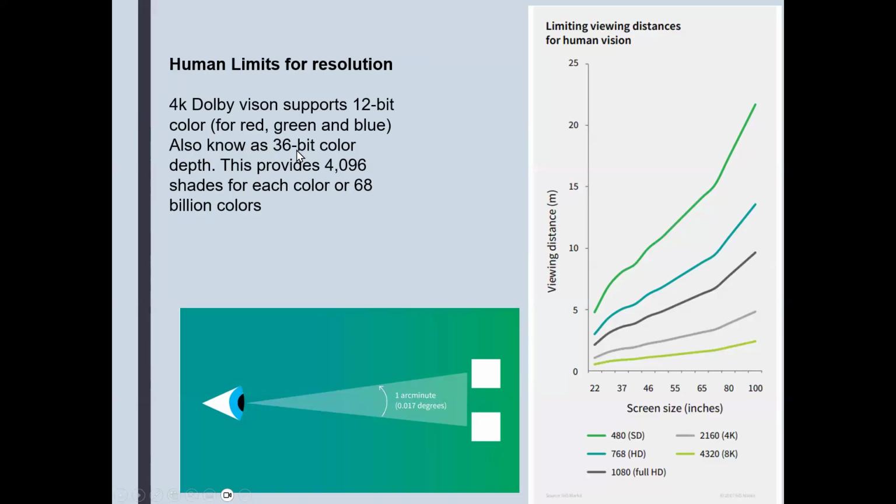Also known as 36-bit color depth. This provides 4,096 shades of each color, or 68 billion colors. Here's a bit of a graph.